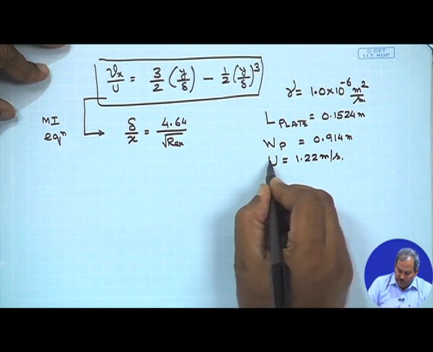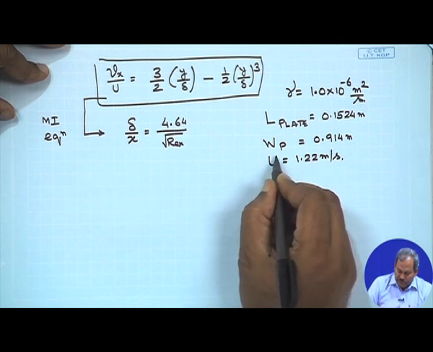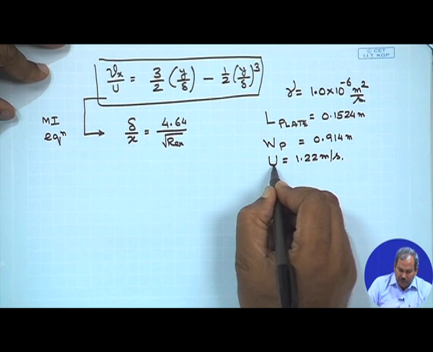Since it is flow over a flat plate, this is also equal to the approach velocity.